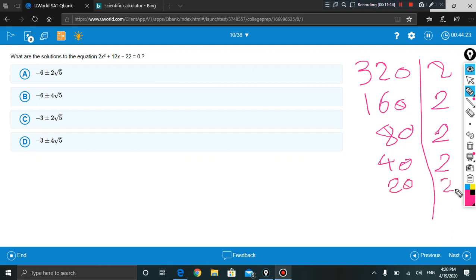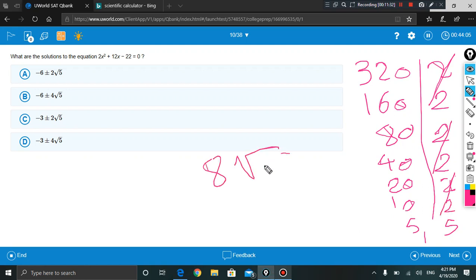Divide by 2, you get 10. Divide by 2, you get 5. Divide by 5, you get 1. So that's 2 times 2, that's 4, times 2. That's 8 root 5 over 4. So that's 2 root 5. The answer is C.